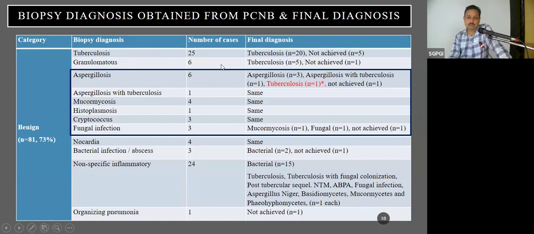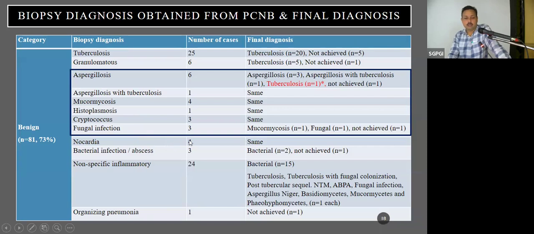However, most of these cases were finally diagnosed as tuberculosis. The second most common group was fungal infections, in which we had aspergillus. In some cases, a diagnosis of aspergillosis with tuberculosis was made. Then we had mucormycosis, histoplasmosis, cryptococcosis, and in some cases, only fungal infection was reported.